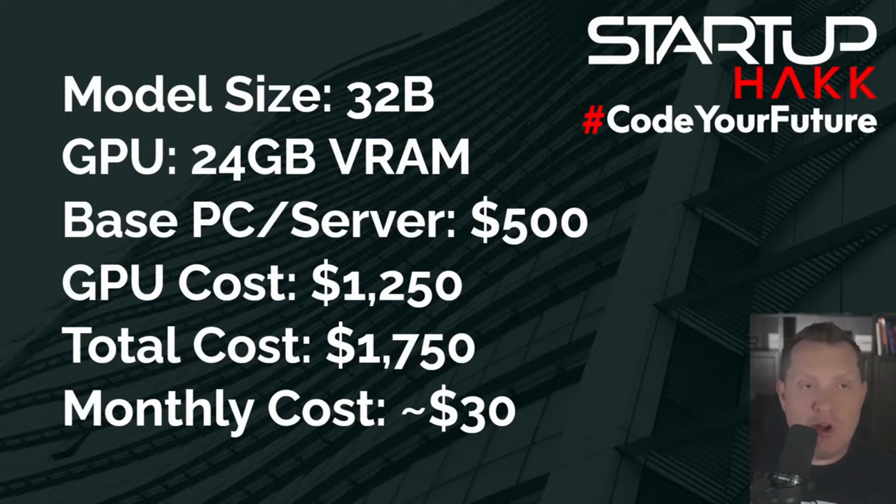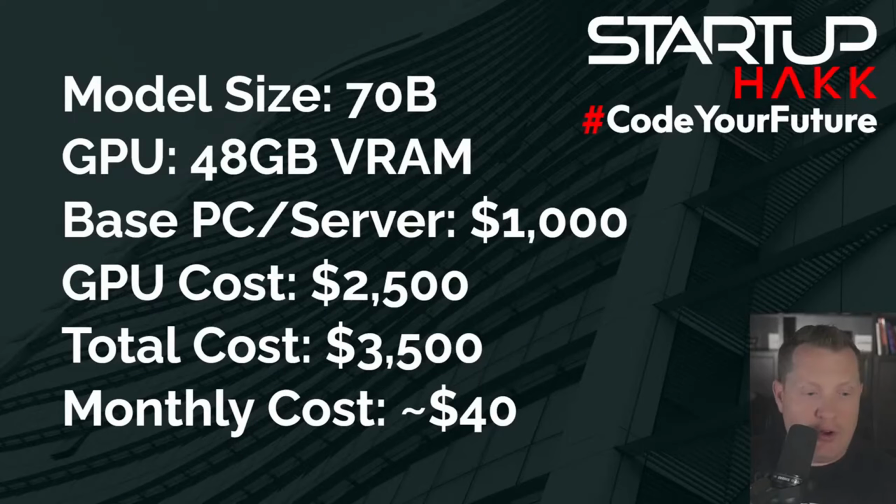So this is where you're still at single GPU usage, right? So a base server, still that PC sitting under your desk. You can slap a 24 gig card into it. It costs about $1,200 to $1,500, and you're looking at $1,700 to $2,000 for the cost of this. These cards are a little bit bigger, going to definitely suck a little bit more electricity. You're looking at about $30 a month.